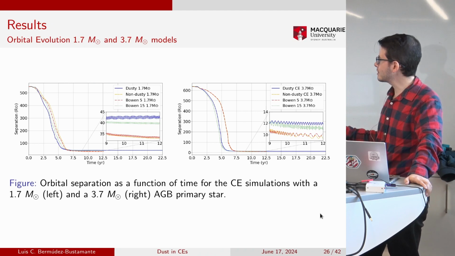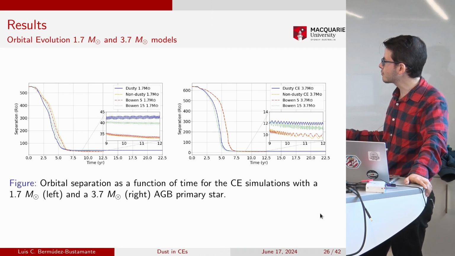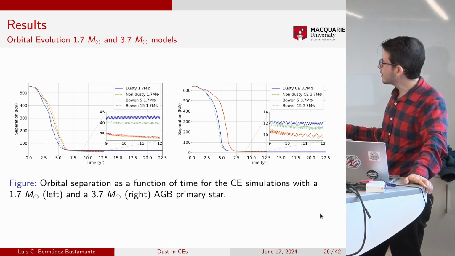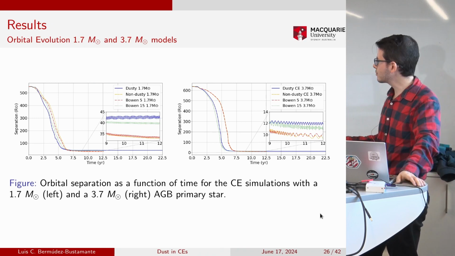So little changes in the dynamics of the common envelope can have significant consequences in the orbital evolution. But I'm going to show you why: the dust is not forming in regions where orbital motion happens.